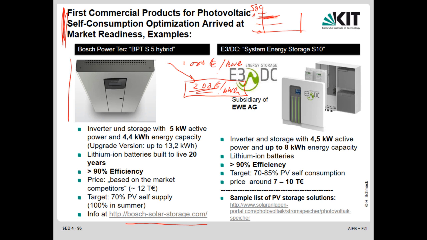So the problem is the energy industry does not like to have decentralized storage capacities in individual houses, because then they lose control about the demand for energy, and they cannot really calculate at what times they have to provide energy and what times they don't have to provide energy. So they are really not very happy about that situation.